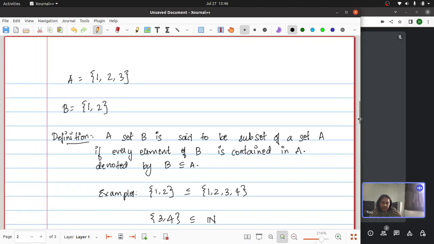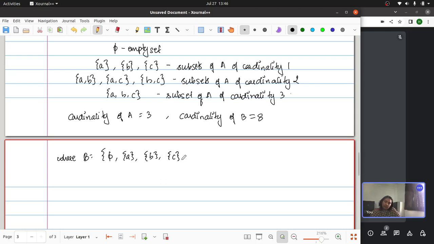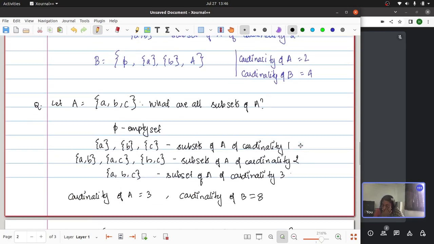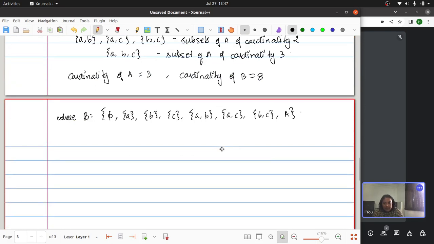Here we will just list B, this set of all subsets of A. If you notice the pattern, we see that the cardinality of B, the set of all subsets of A, turns out to be 2 to the power the cardinality of A, right?